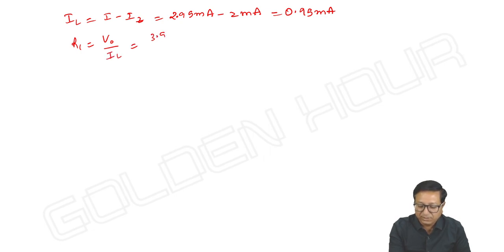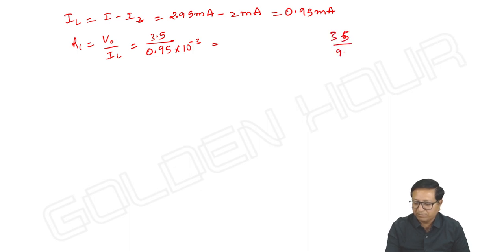It is 3.5 volts by 0.95 milliampere. So 35 by 9.5, approximately 36 by 9 means 4. So answer should come somewhere close to 4 kilo ohms.